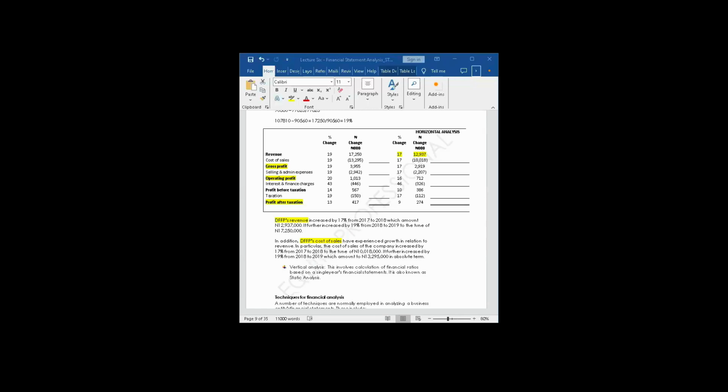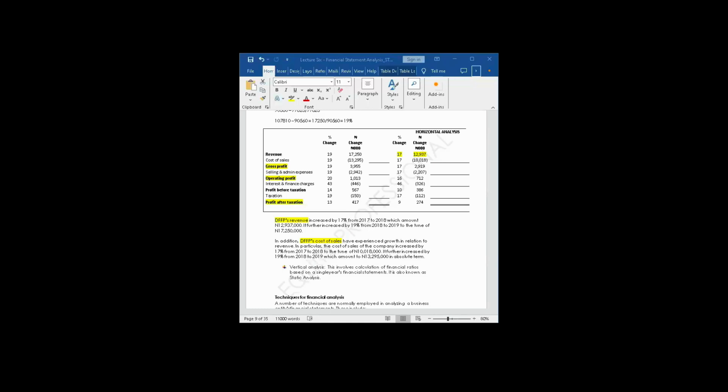Robbie: operating profit year on year from 2017 to 2018. Operating profit, let me see that. 17%, not 16%. Okay, you put 17%.